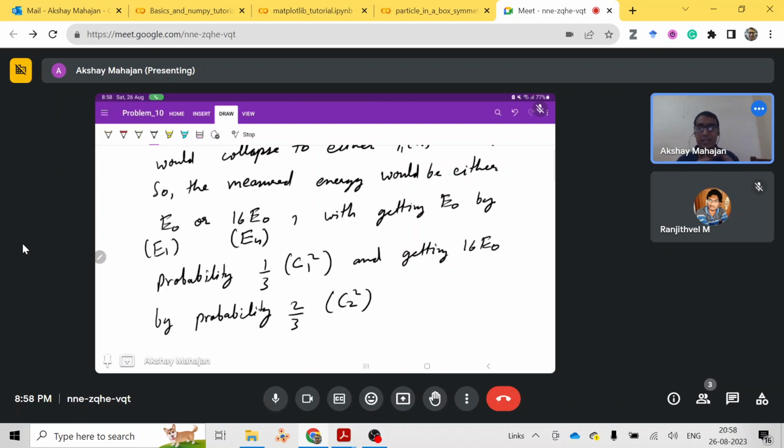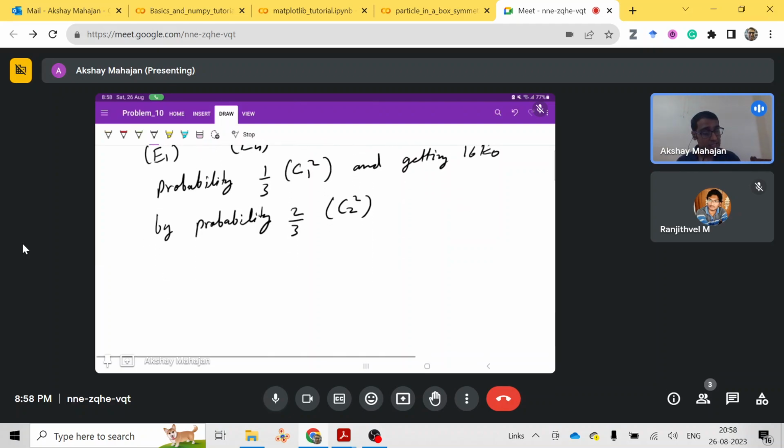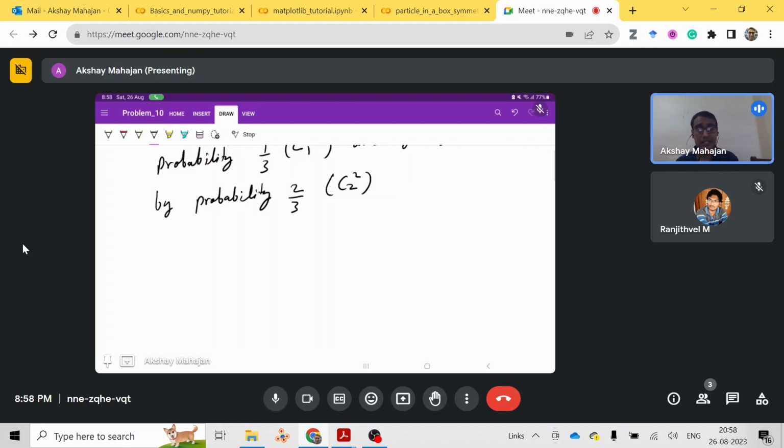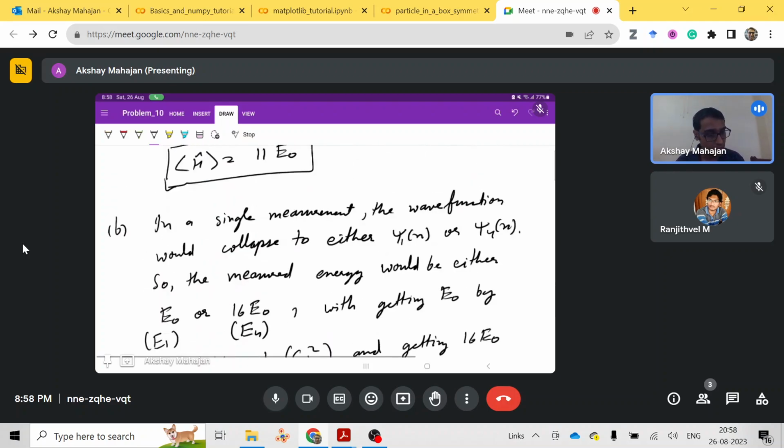So we can get either of these two values when we do a single measurement, but we can say that by probability 1 by 3 we will get E naught, and by probability 2 by 3 we will get 16 E naught.